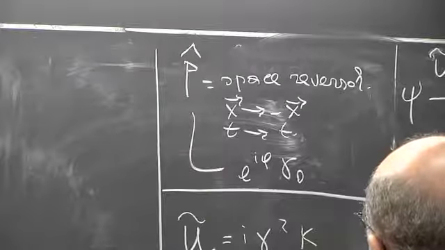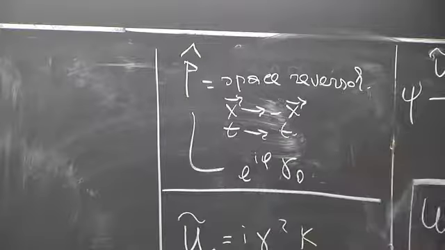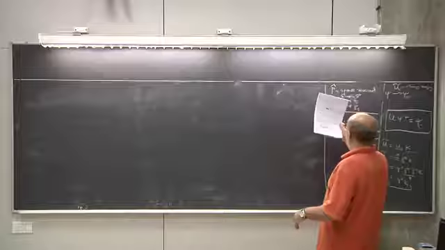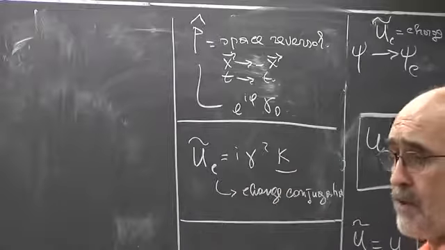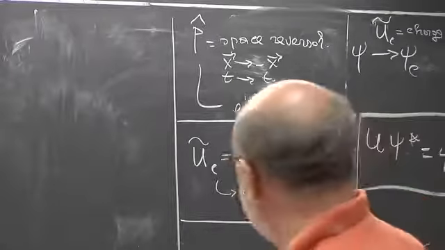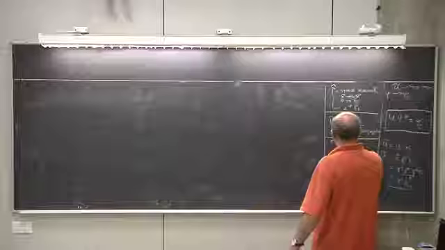Go and compare with the Klein-Gordon one, because one of the questions in the final could be: write down which is the space inversion operation in the Dirac and in the Klein-Gordon. So do this kind of thing. The last thing that we do is time inversion.